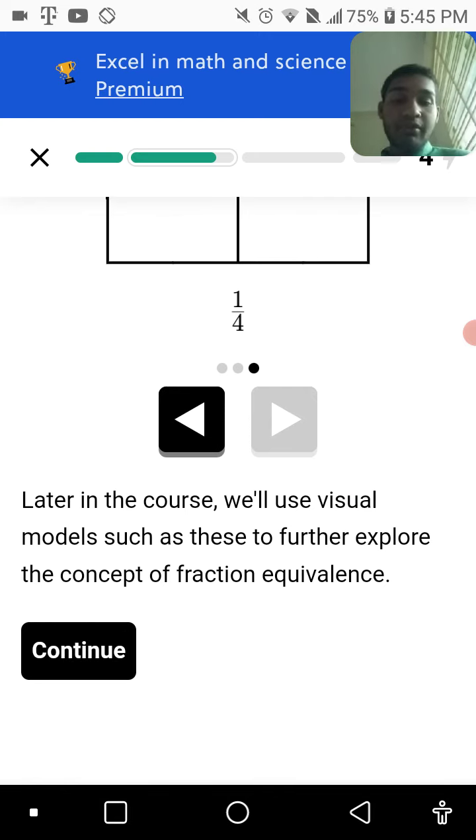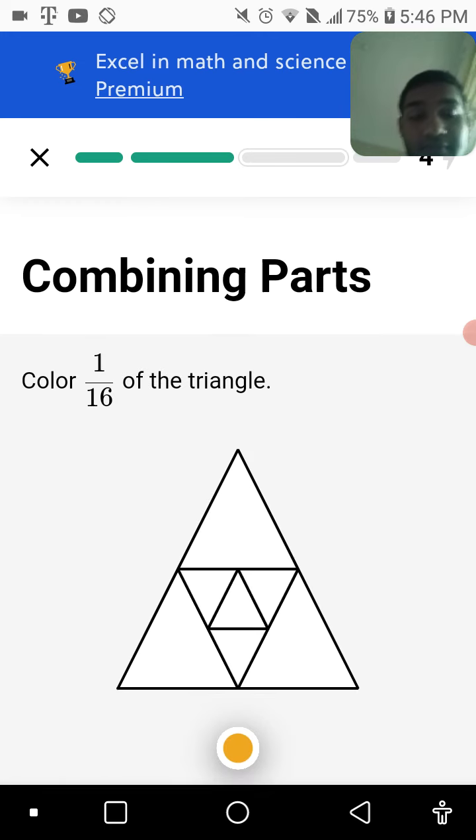Later in the course, we will use visual models such as these to further explore the concept of fraction equivalence. Equivalence. Okay.